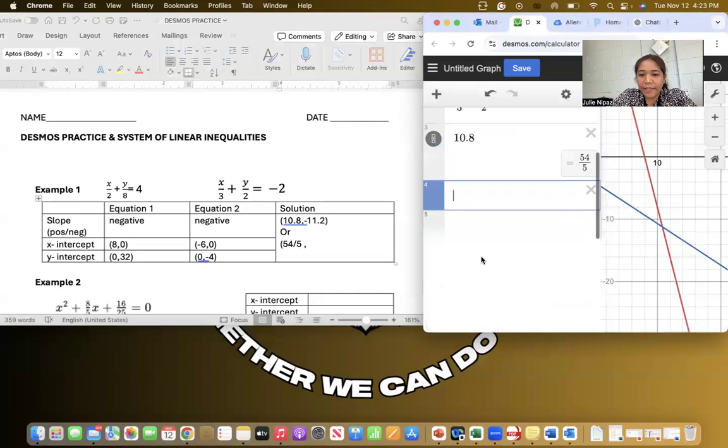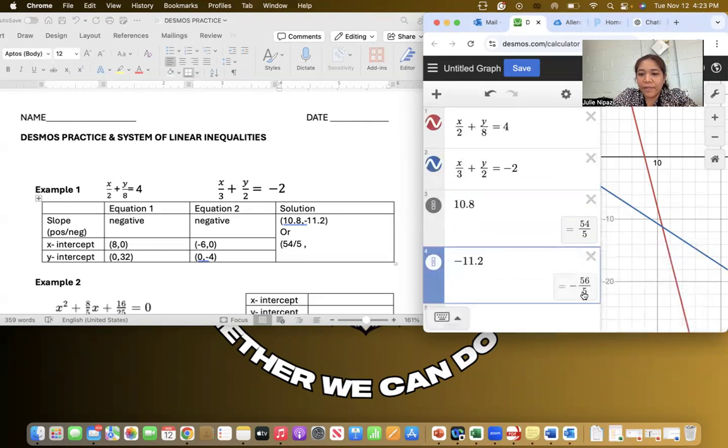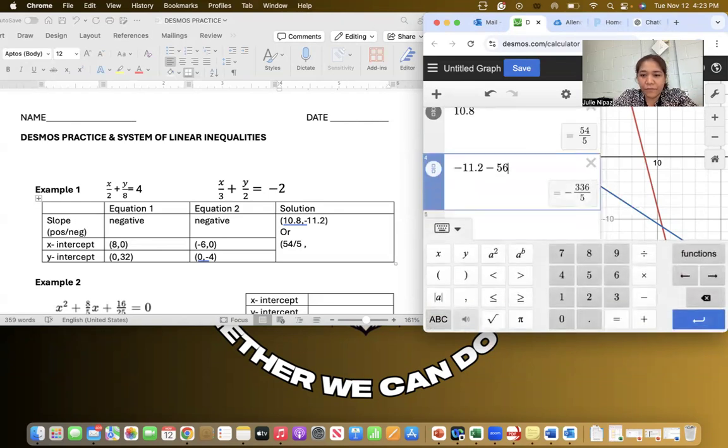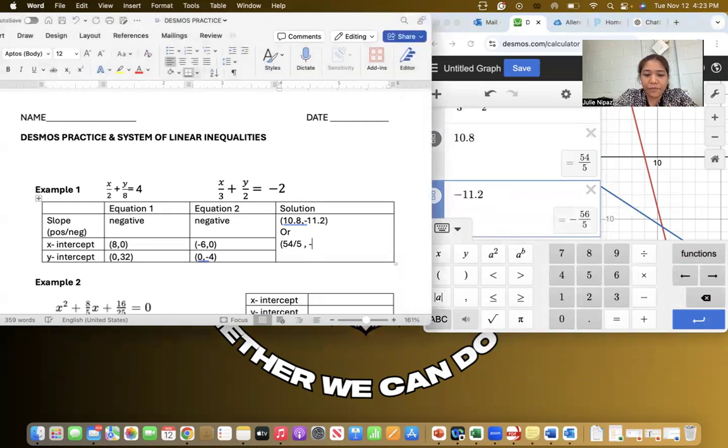And then for the negative 11.2, if I want to know its corresponding fraction, click on the side here, and that will now become negative 56 over 5. So you should know how to have the answers both in decimal or in fraction. So that's your example number 1.